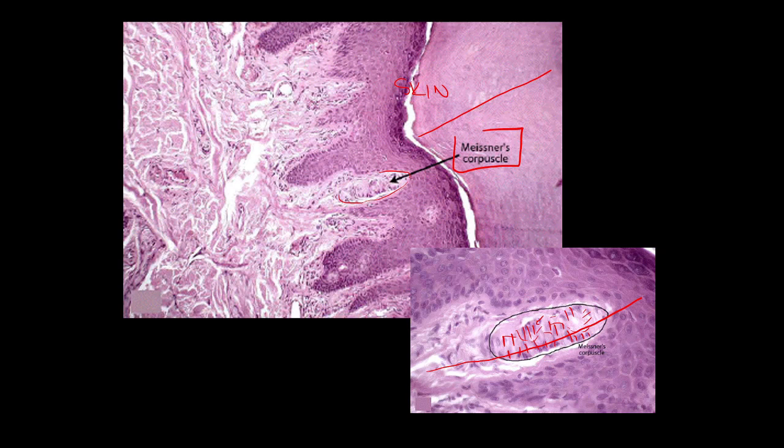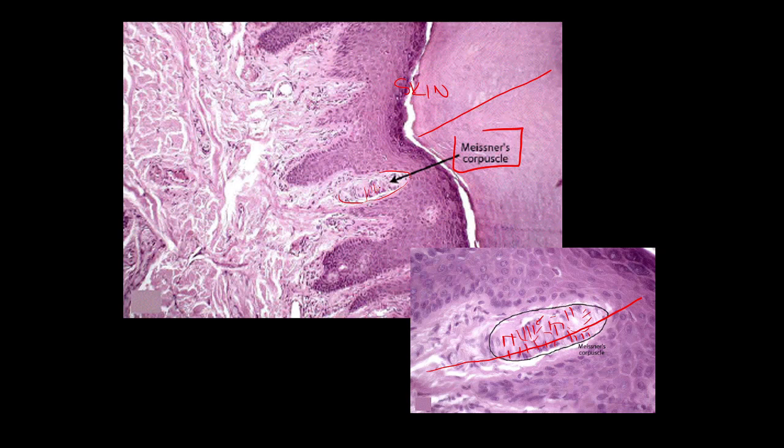So once again, just axons are inside with Schwann cells organized in this fashion. Yeah, the Schwann cells are perpendicular, so it's hard to recognize them sometimes, but they look like this. There are many cells organized in this fashion in one place, and that is suspicious for Meissner's corpuscles.